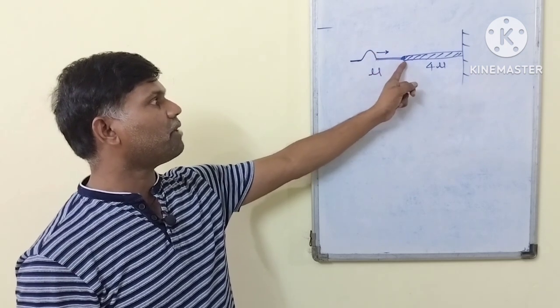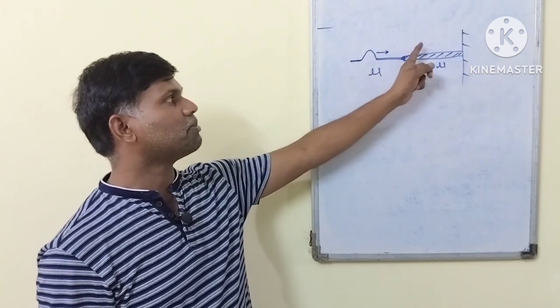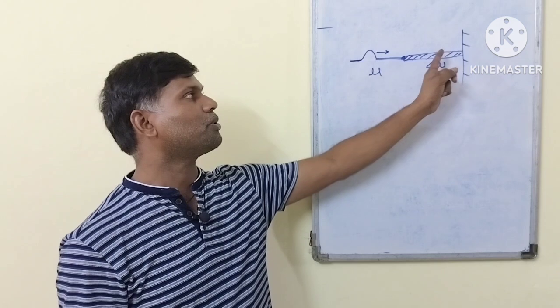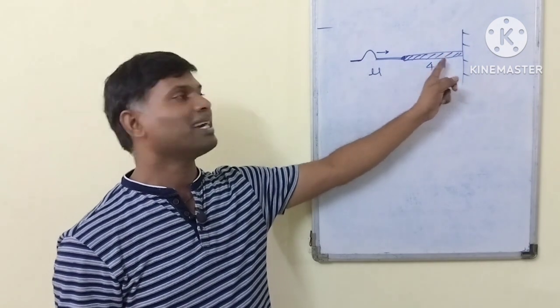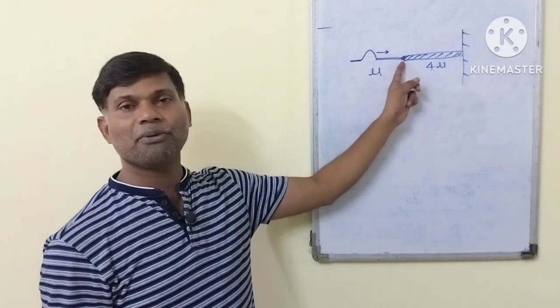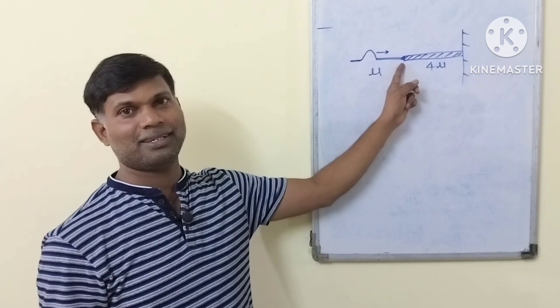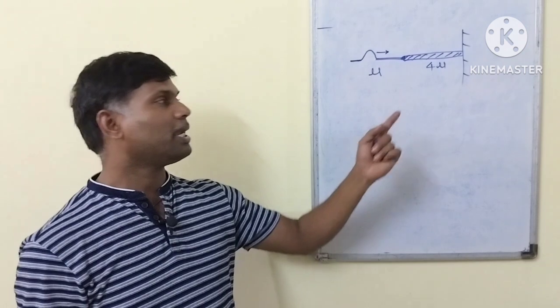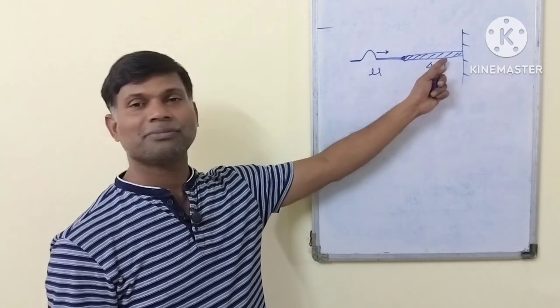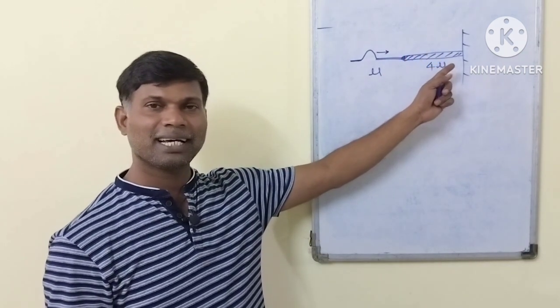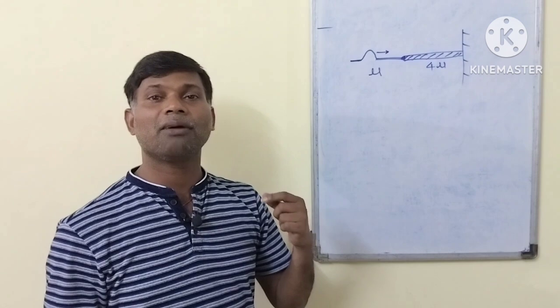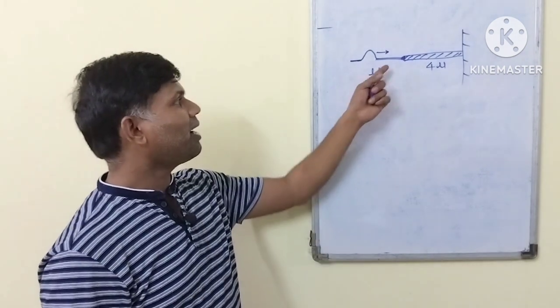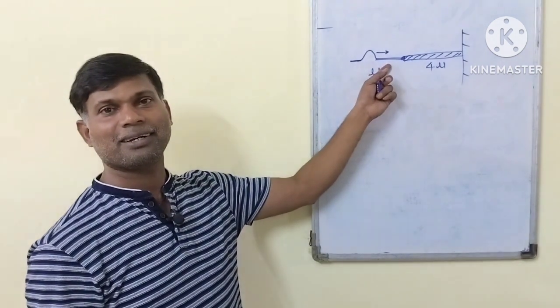Some part of the wave will be transmitted and pass through the second string, and some part of the wave will be reflected. Call this the incident wave; there will be a transmitted wave on the second string and a reflected wave on the first string.